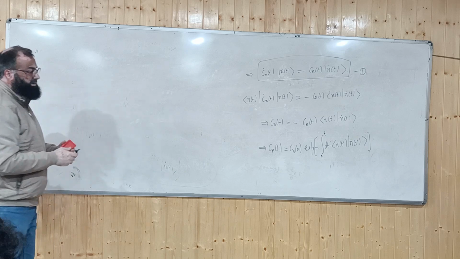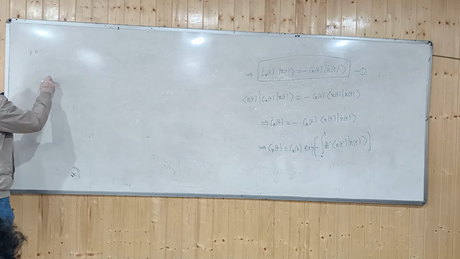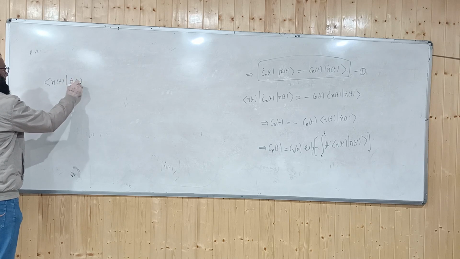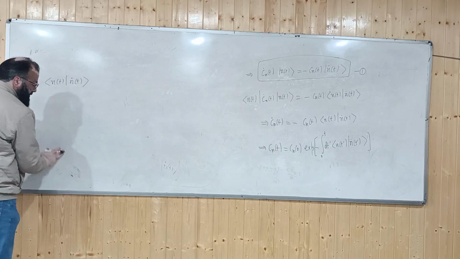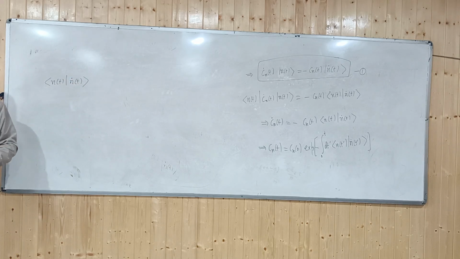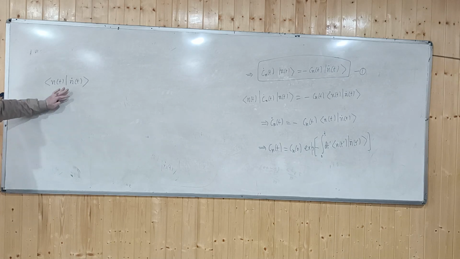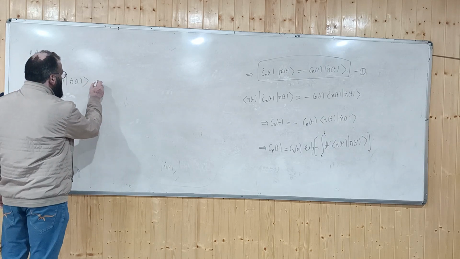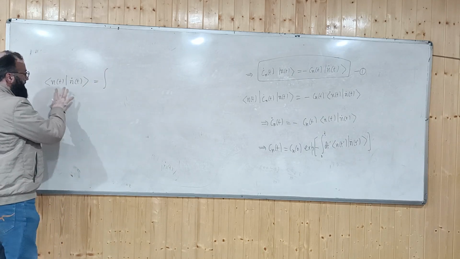Let's look at this quantity, ⟨n(t)|ṅ(t)⟩. This kind of overlap. Let's check whether it is purely real, purely imaginary, or a complex number. Let me write it in coordinate space.